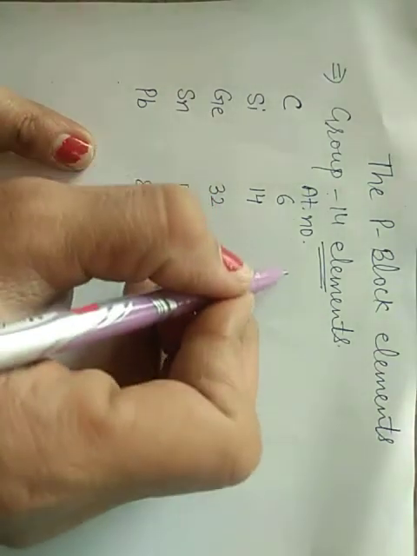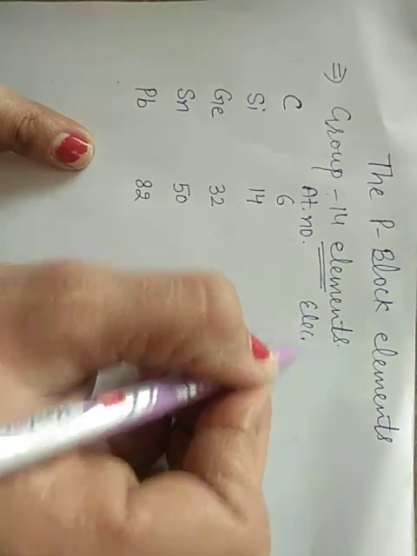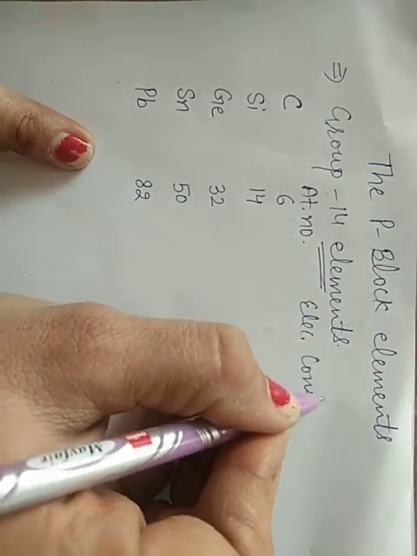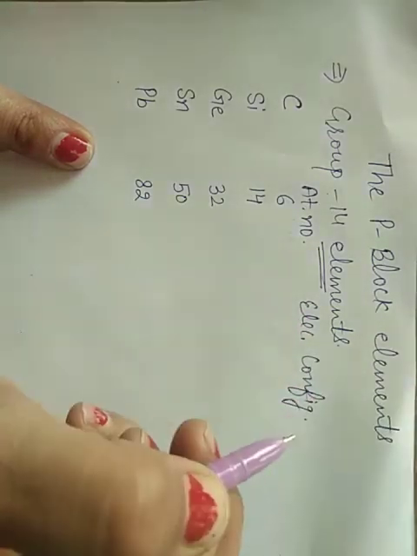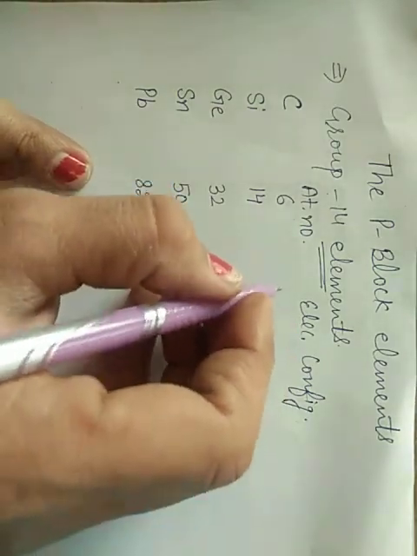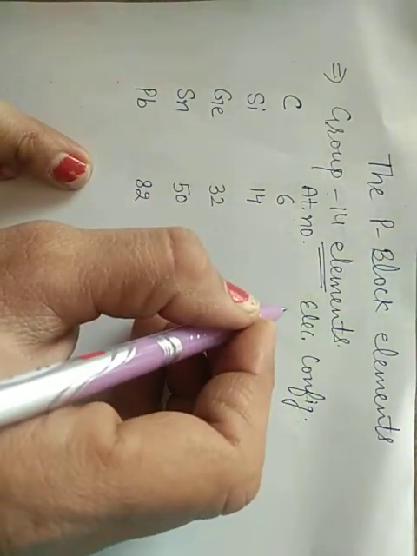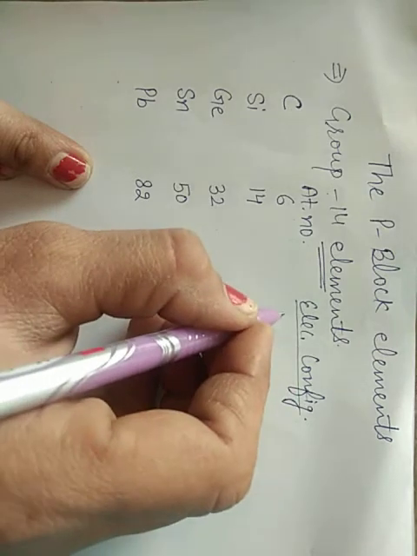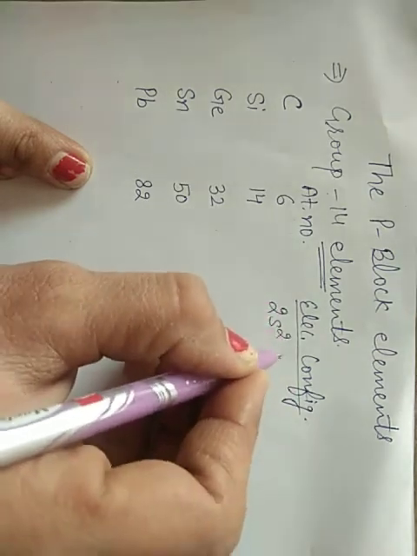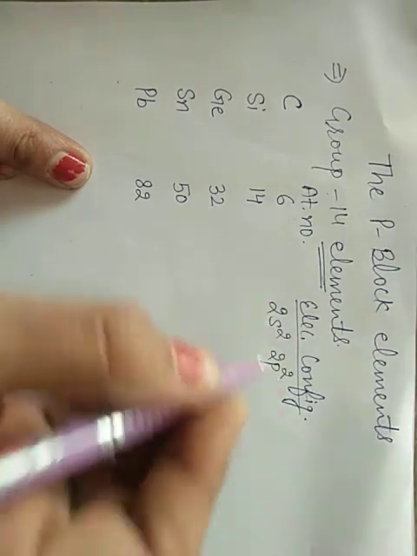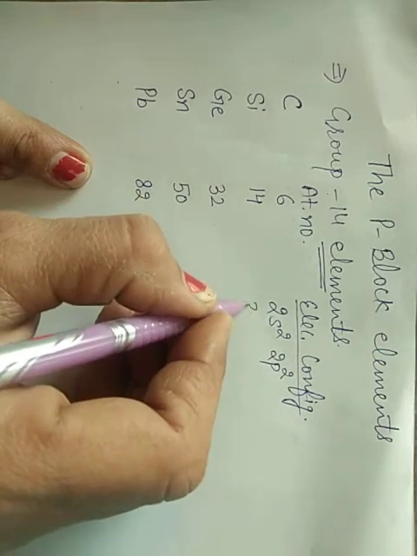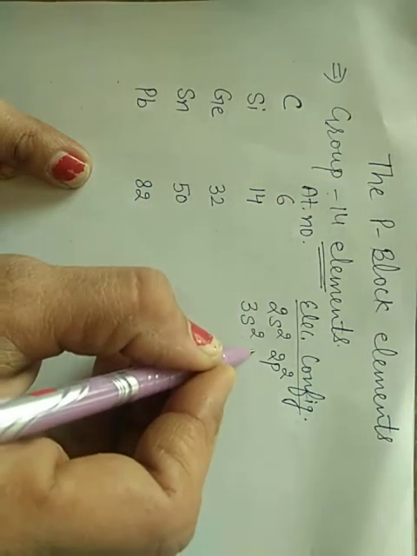Now its electronic configuration. The general electronic configuration in the outermost shell, that is 2s2 2p2 in carbon. In case of silicon 3s2 3p2.